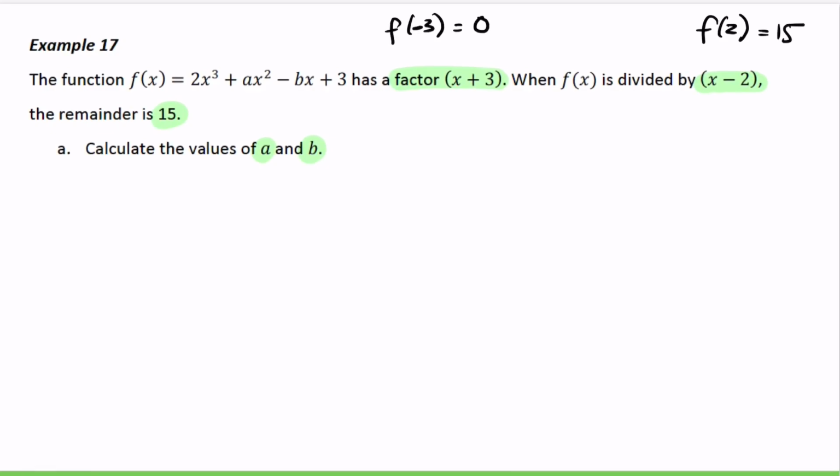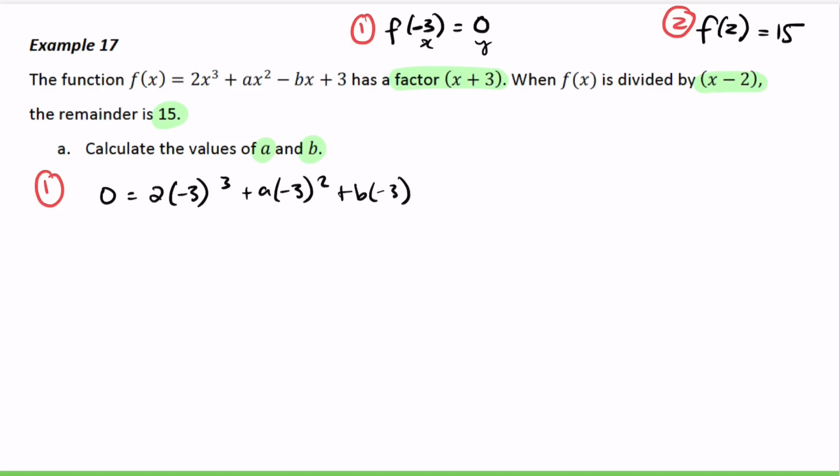I now essentially have 2 points that I can substitute into this function and then solve for both a and b. I'm just going to call this 1 and this 2, so you know where I've put them in. So let's go ahead and substitute this. This is x and that will be y. So 0 equals 2 times negative 3 cubed plus a times negative 3 squared plus b times negative 3 plus 3.